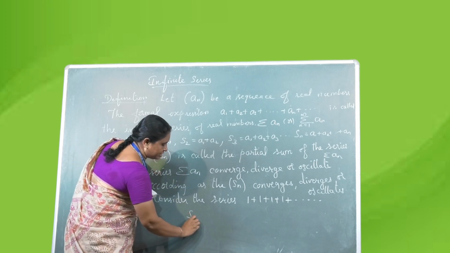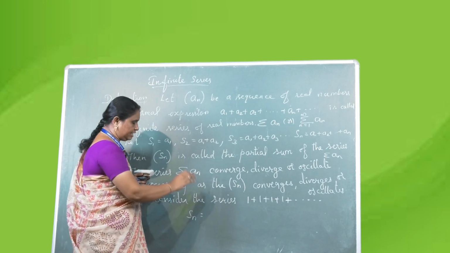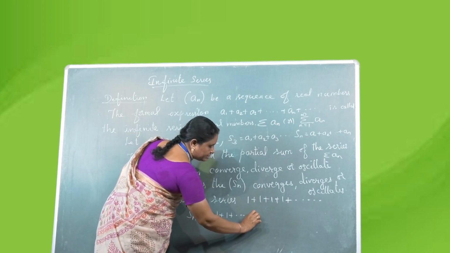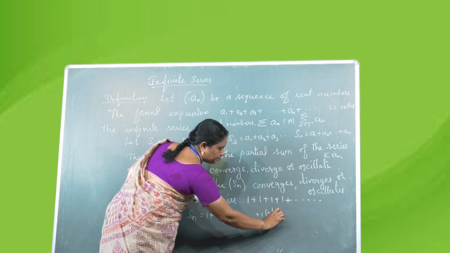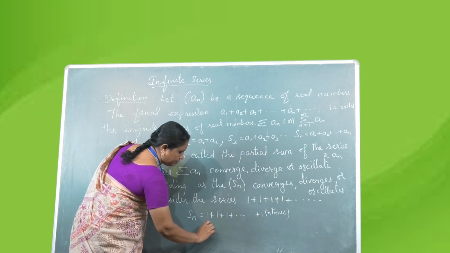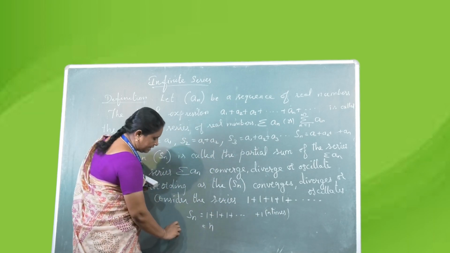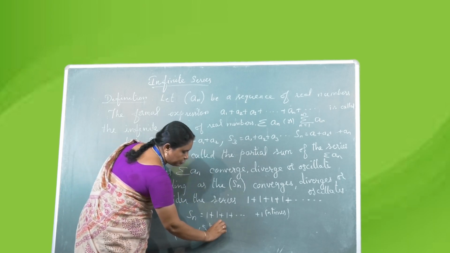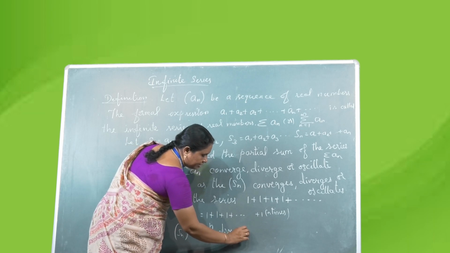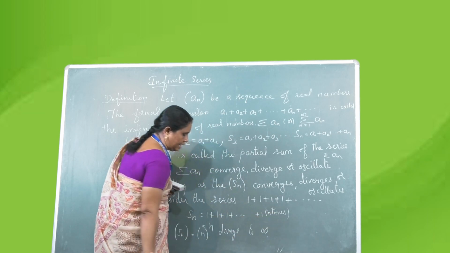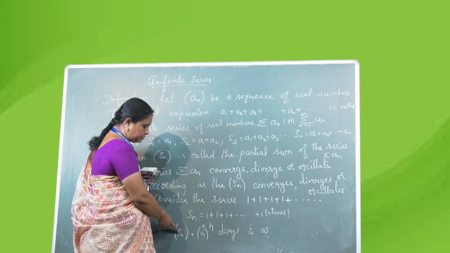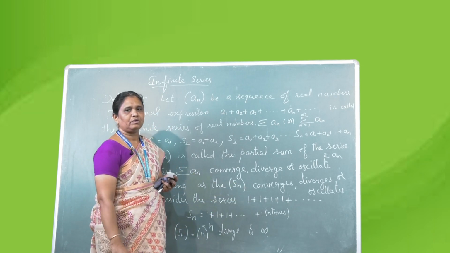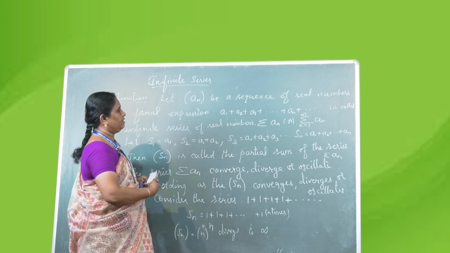The sum of the first n elements is 1 plus 1 plus etc., n times 1, which is equal to n, and clearly the sequence sn, which is equal to n, diverges to infinity. According to this sequence, the given series 1 plus 1 plus etc. also diverges to infinity.